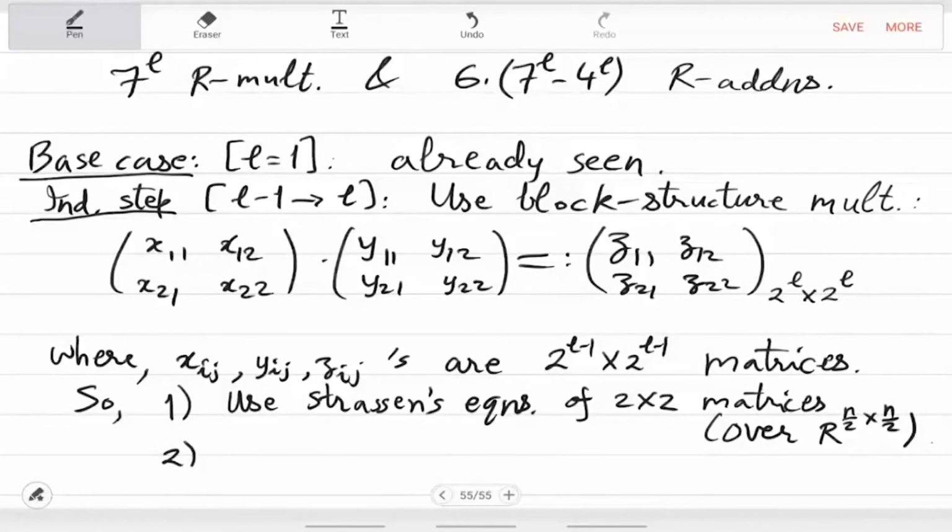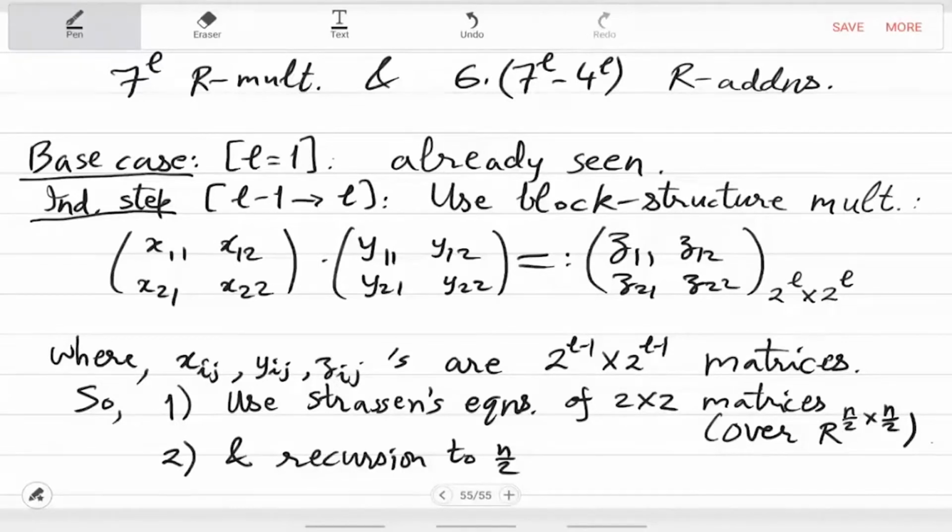Like this x11 plus x22 times y11 plus y22 was p1. So that multiplication you will do recursively. So do that in those two steps. And now, the algorithm, is it clear? Right, so it's a recursive algorithm using Strassen's equation.